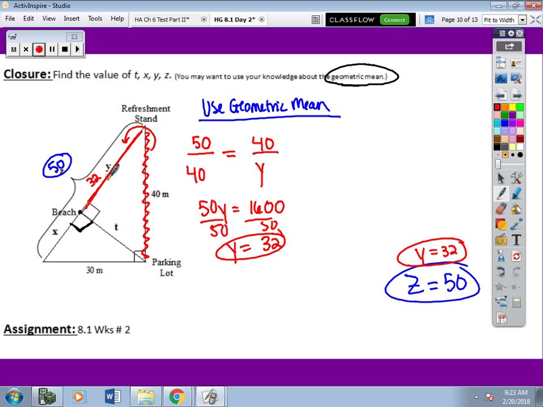50 minus 32 will get me 18. Then you don't have to do anymore. So x is 18. And then lastly, you could either do geometric mean with t, or you can do Pythagorean theorem with this triangle or this triangle. Doesn't matter which one you do. I chose to do Pythagorean theorem, which could be a triple.